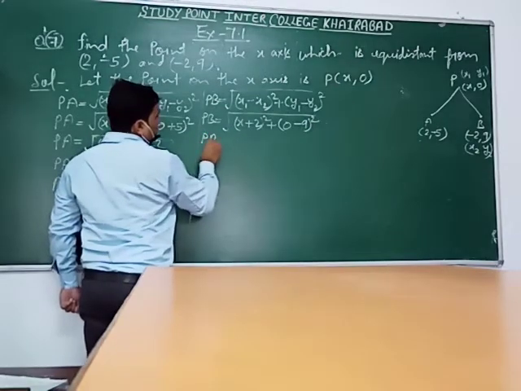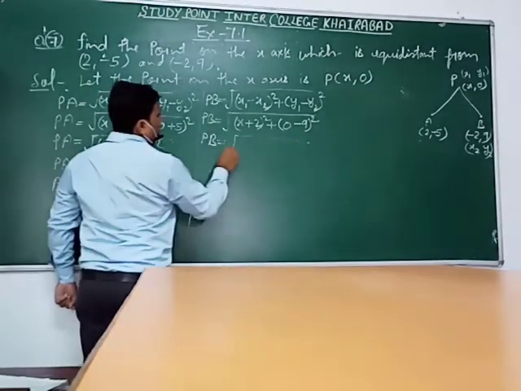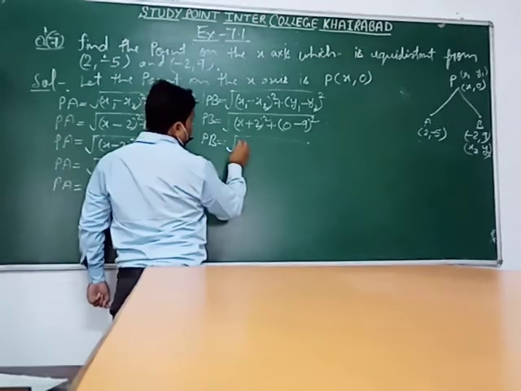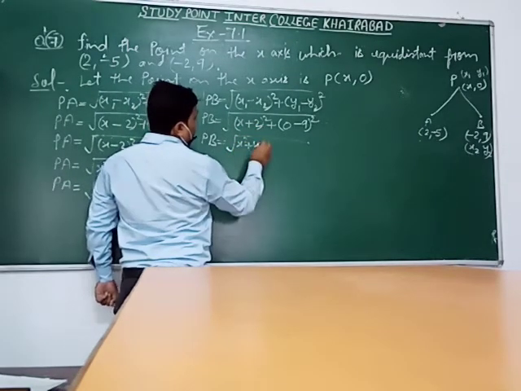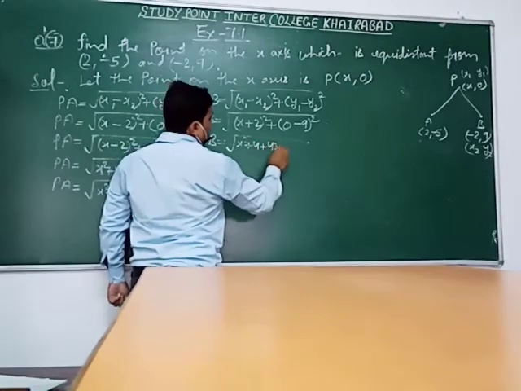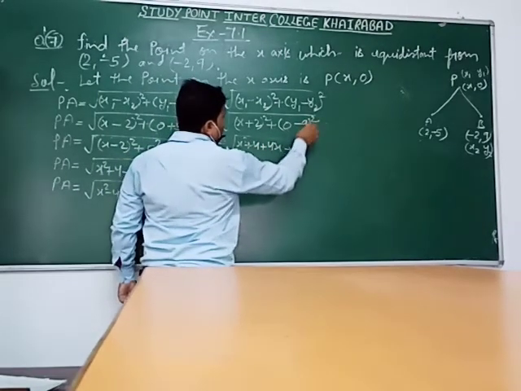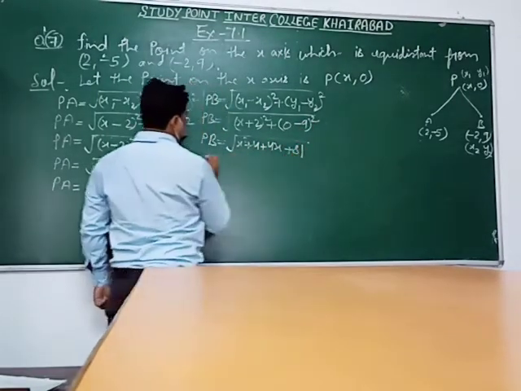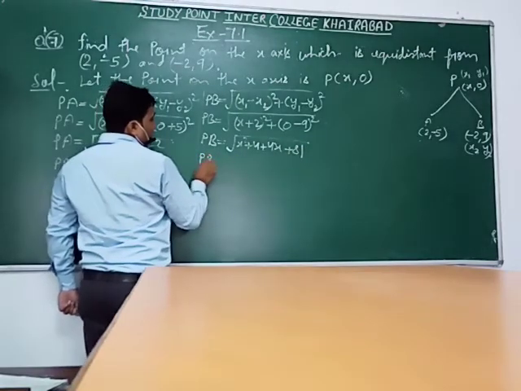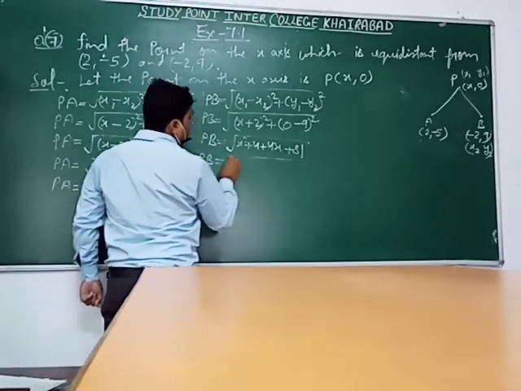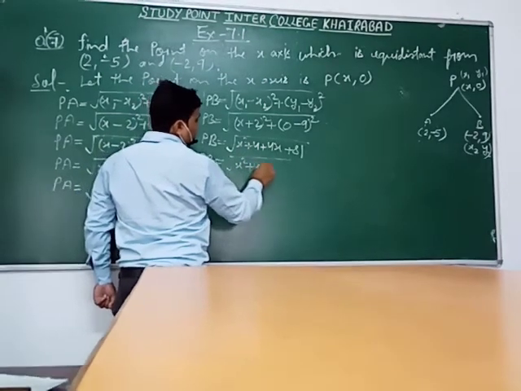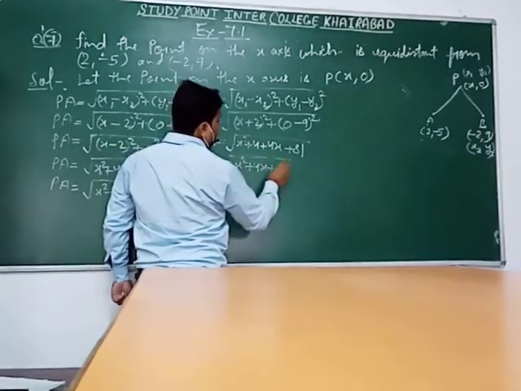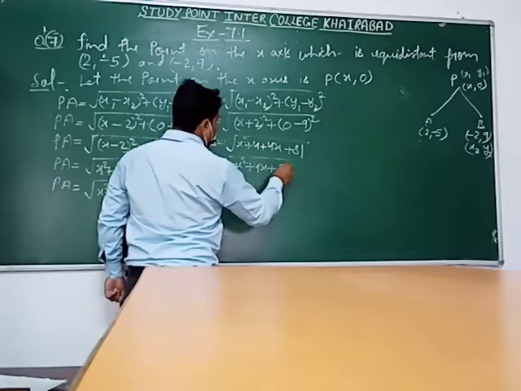PB equals (x plus 2) whole square, x square plus 4 plus 4x, plus 9 square which is 81. So PB equals the square root of x square plus 4x plus 81 plus 4, that is 85.